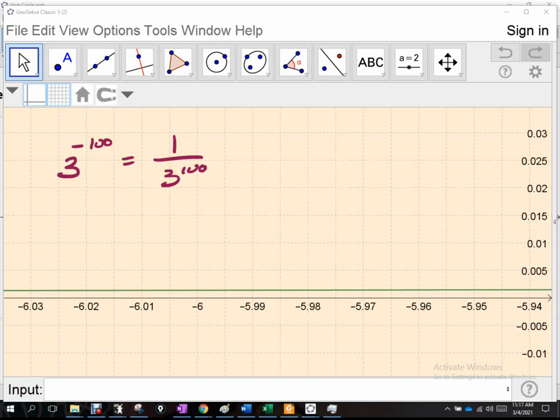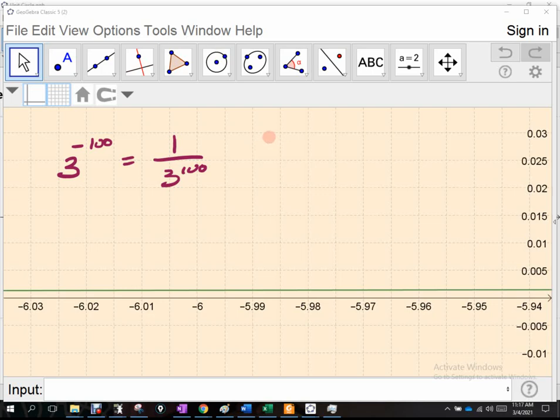So let's say I'm taking a $1 bill and breaking it up that many times, 3 to the 100 times. I'm going to have a bunch of very, very small parts, right? Does that make sense to everybody? So what that means is that I'm still going to have an amount, a non-zero amount.